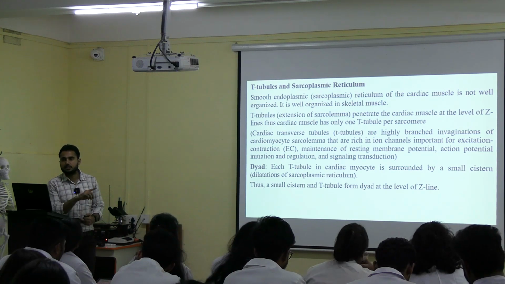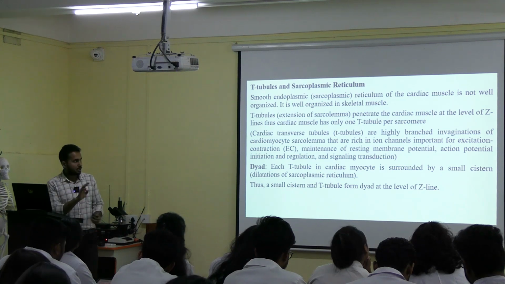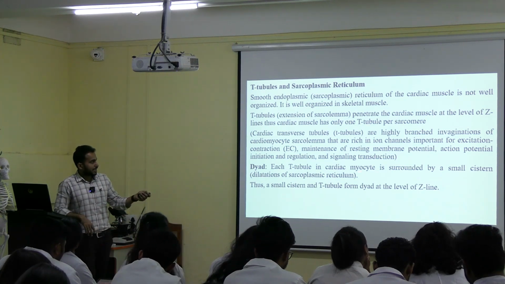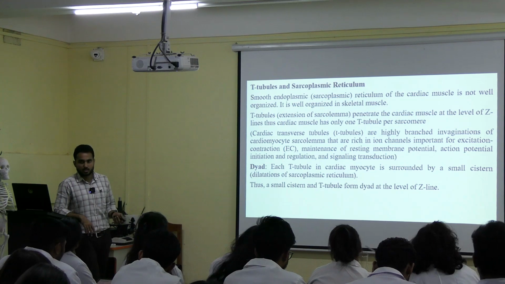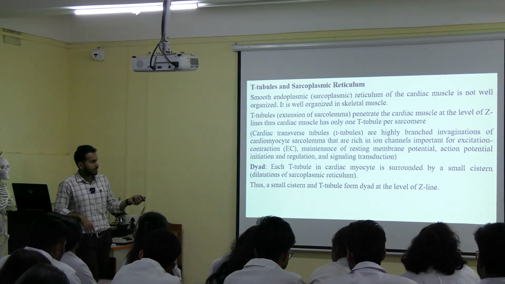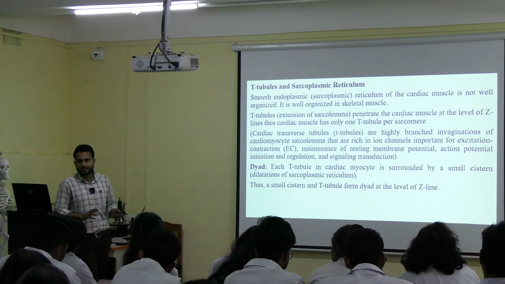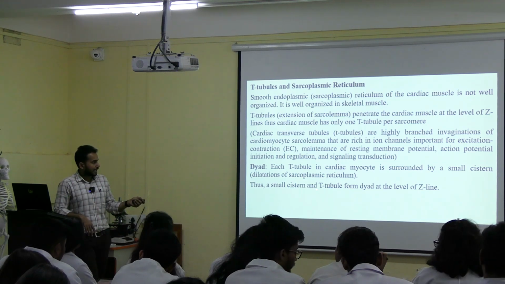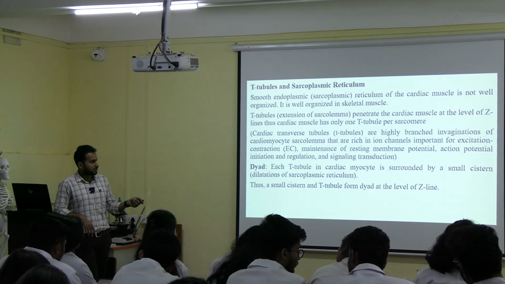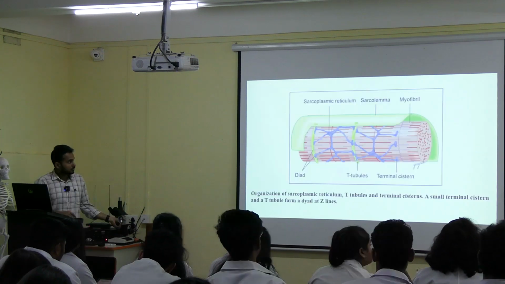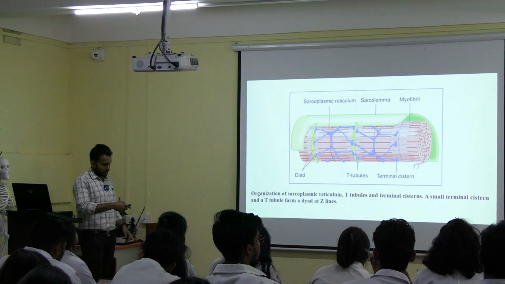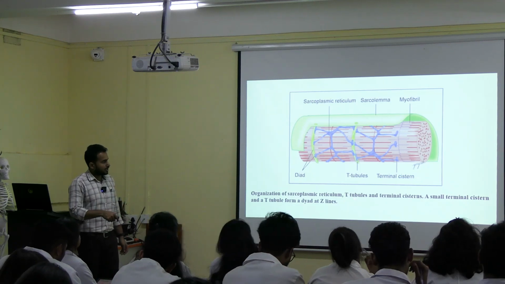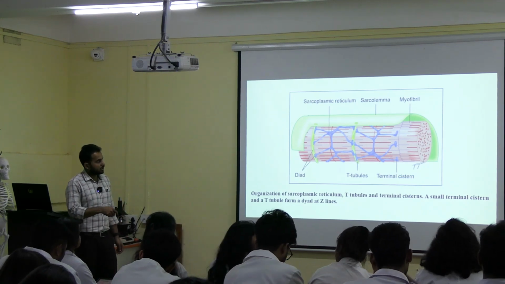In the case of skeletal muscle, it is called a triad. So each T-tubule in the cardiac myocyte, surrounded by a small cistern, that is a dilatation of the sarcoplasmic reticulum, forms a structure called a dyad at the level of the Z line. Here you can see the organization of the sarcoplasmic reticulum, T-tubules and terminal cisternae.